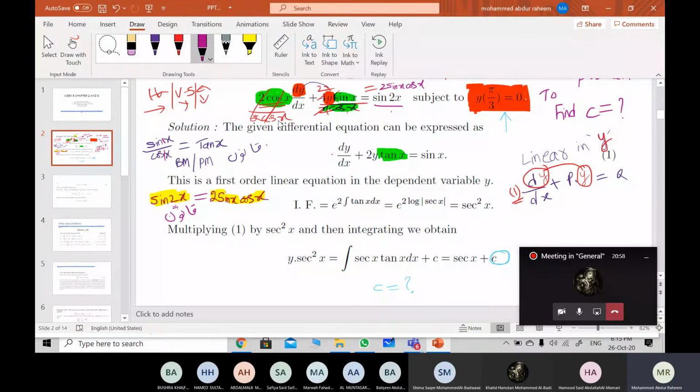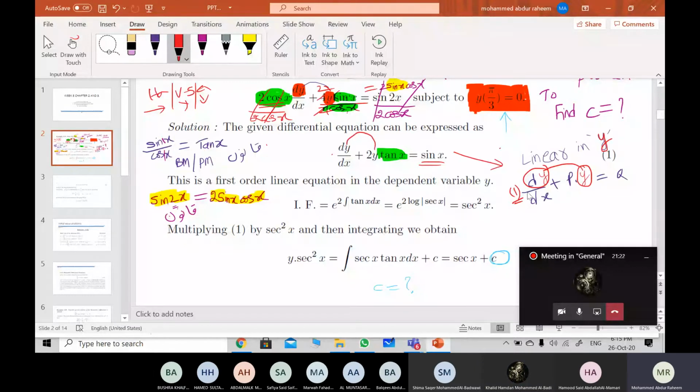For the division, we divide by 2 cosine x. Cosine cancels, 2 cancels 2. How much remaining? Sin x. That is here now. After that, now it is linear in y. Compare the same.